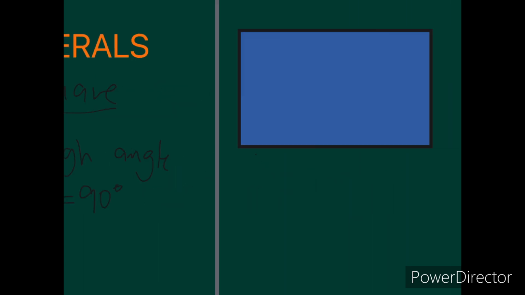Next, another kind of quadrilateral is a rectangle. So this is a rectangle. Its opposite sides are parallel and equal to each other. So this side is parallel to this side and this side is also parallel to this side.